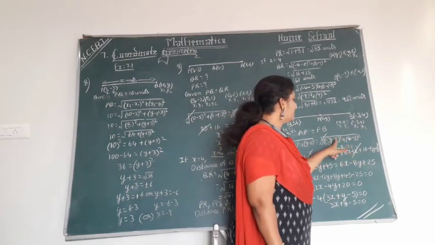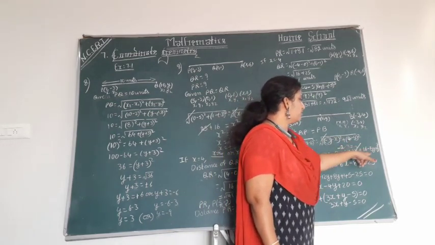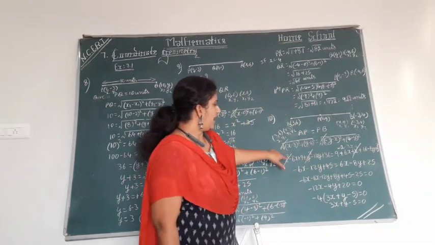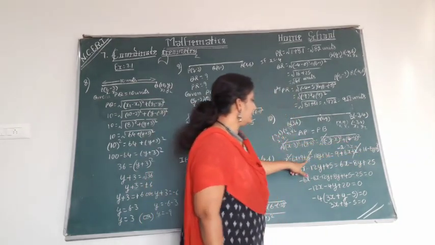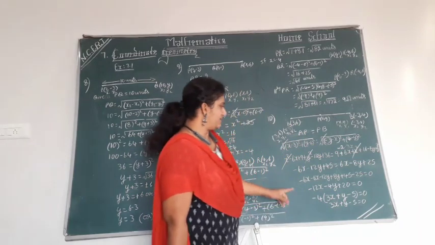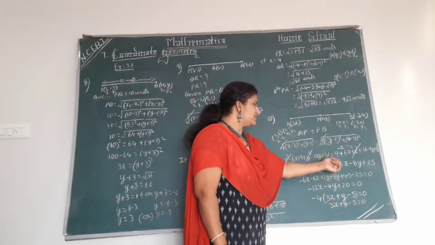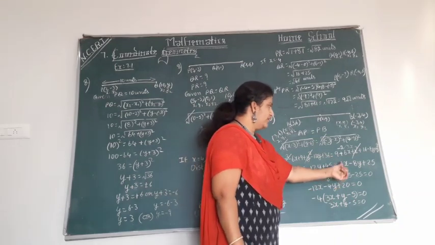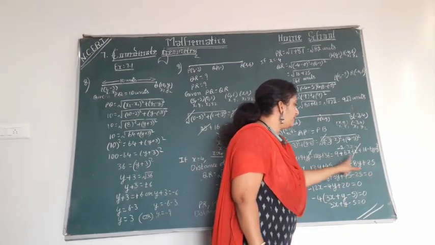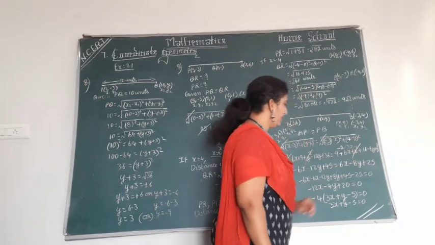Careful. Plus x square. Again a minus b whole square formula. So x square, y square will be cancelled. So minus 6x minus 12y. 9 plus 36 will be 45. 6x minus 8y plus 9 plus 16 will be 25.